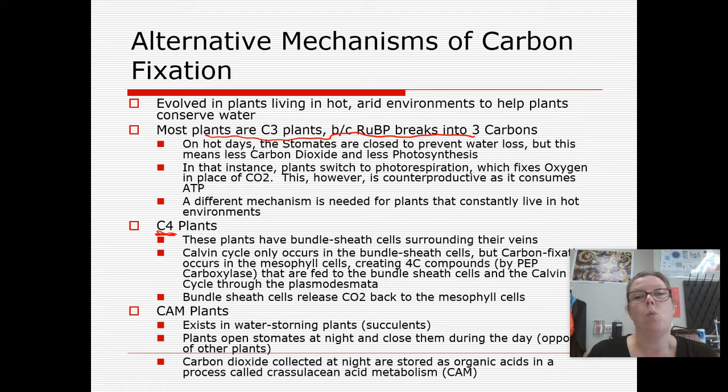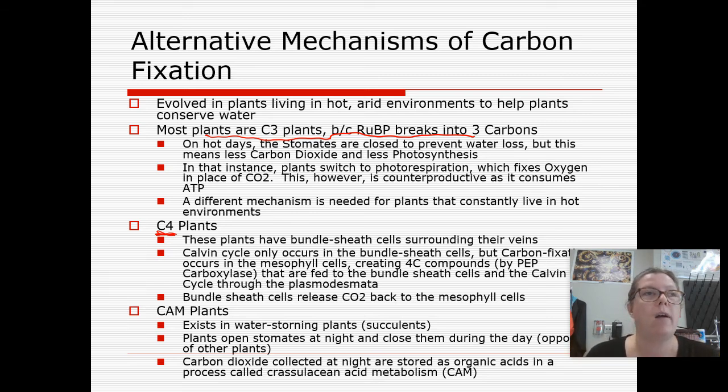And then when the plant has enough ATP and NADPH to do the Calvin cycle, those mesophyll cells will feed that 4-carbon compound, that fixed carbon, into the bundle sheath cells through their plasmodesmata, and photosynthesis can proceed as normal.